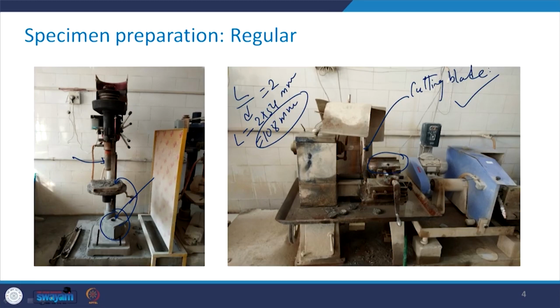It just cuts that specimen. So we have to fix it in such a manner that we have approximately length of this whatever that we require, and remaining portion can be cut by this cutting plane. So this is how we get the desired L by D ratio of any regular cylindrical specimen.